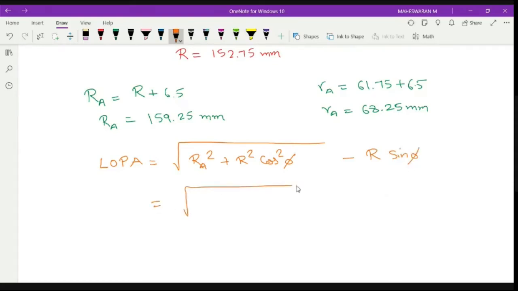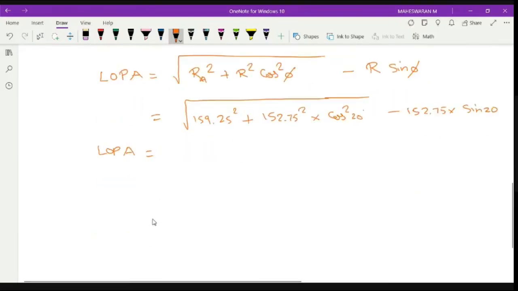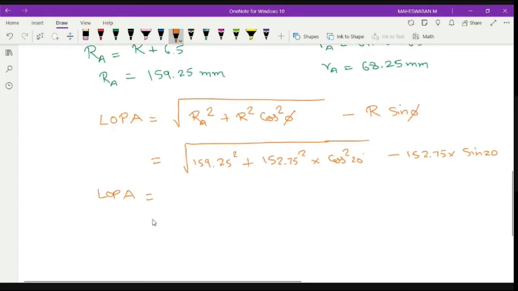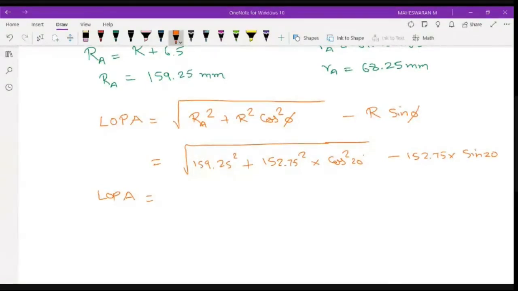Which is equal to root of 159.25 square minus 152.75 square into cos square 20 degrees, minus 152.75 into sin 20. What is your length of path of approach? Similarly, you find it for the length of path of recess. Try it out.